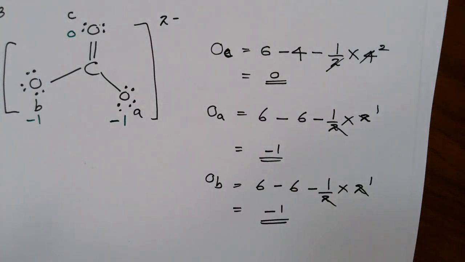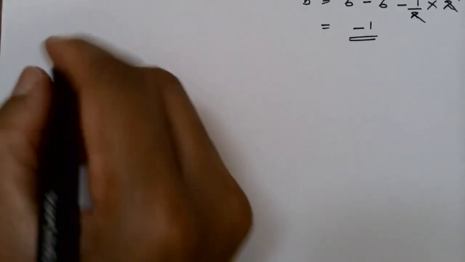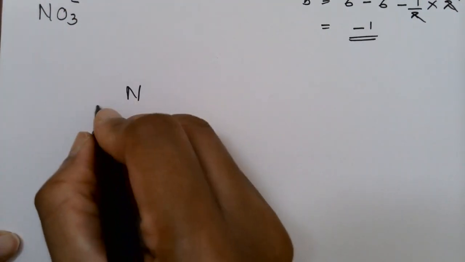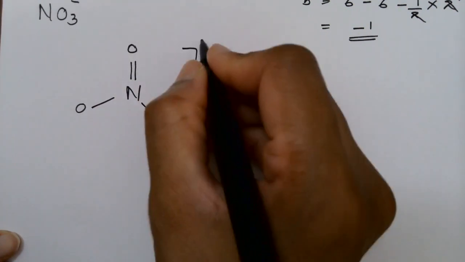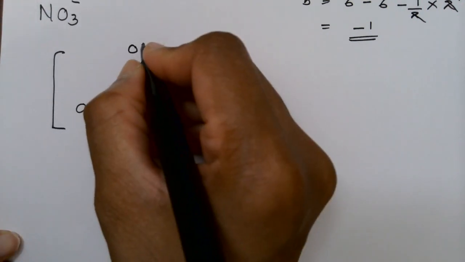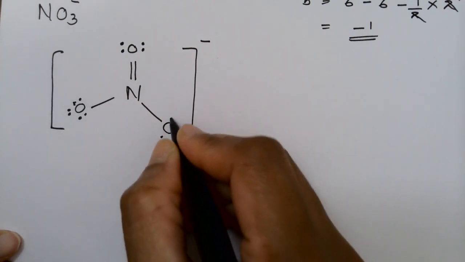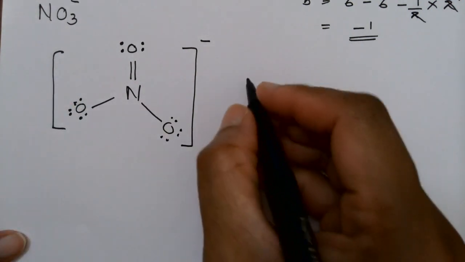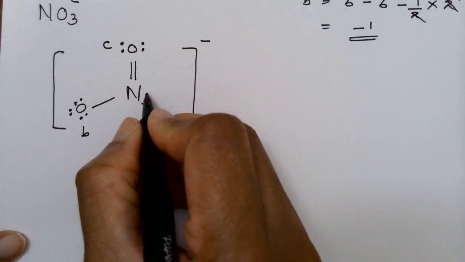Okay. Let's try another one to calculate the formal charge. Nitrate. So we'll draw nitrate, NO3 minus. Nitrate is the same as carbonate, a double bonded oxygen and two single bonded oxygens. So for nitrate I will name them the same way, A, B and C, and let's calculate the formal charge on the nitrogen too.